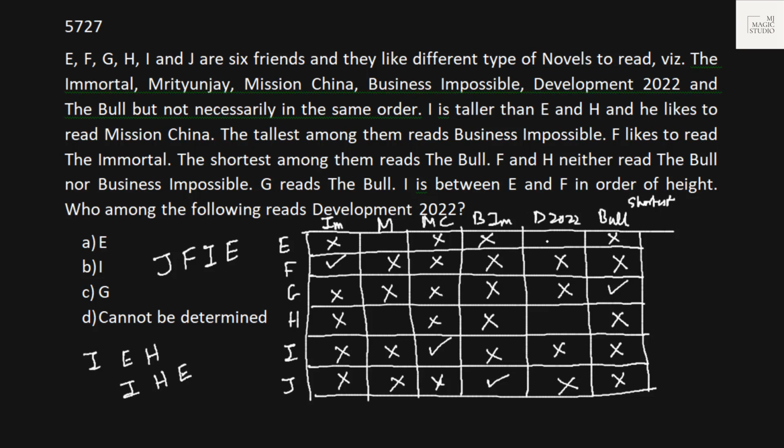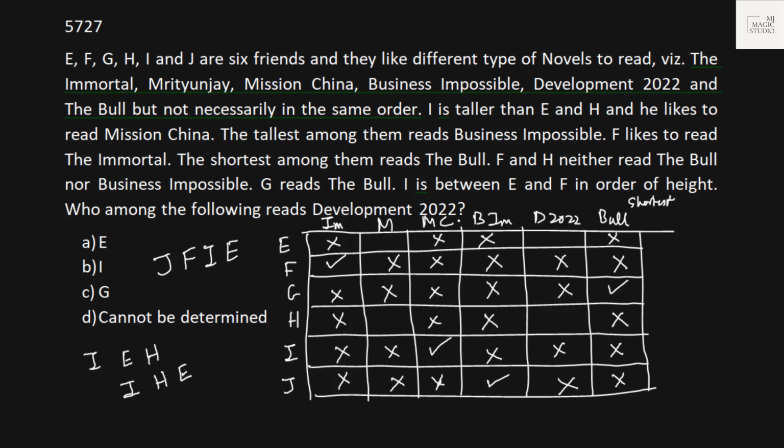in order of height. Now, the question is, who among the following reads Development 2022? It can be either E or it can be H. We have got the tallest one reading Business Impossible, that is J, Bull the shortest one, and we don't have the identification of where E and H are.